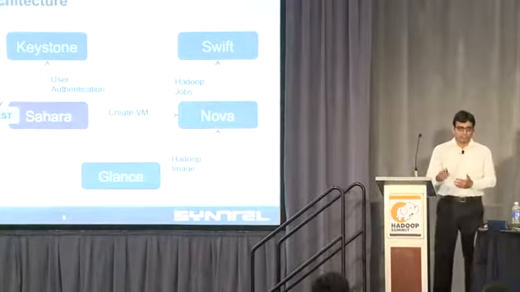It can act as a persistent file system, where your input data which needs to be processed can be on Swift, right? Once you launch a cluster, your data can be moved to the HDFS which is provisioned, processed, and the output can again be stored to Swift for persistence, right?